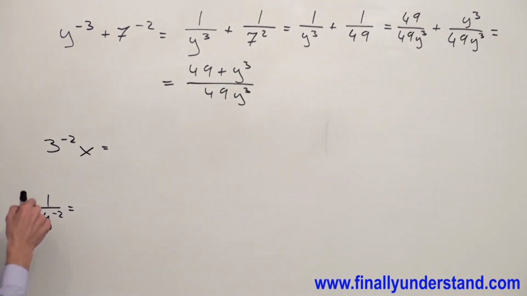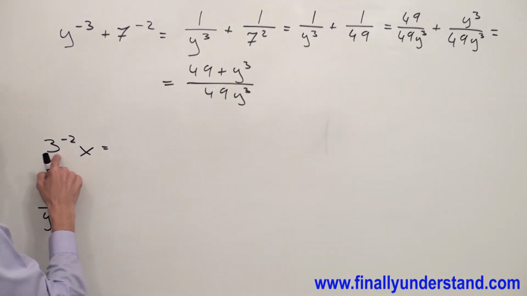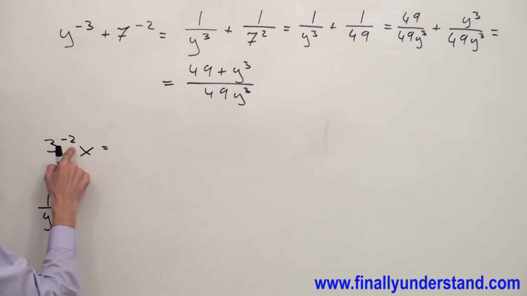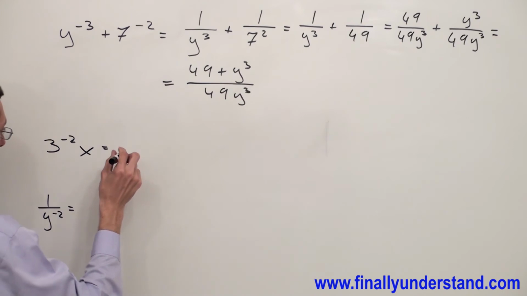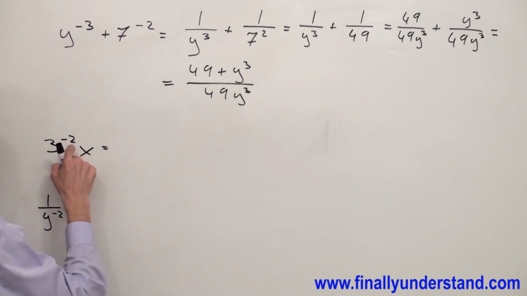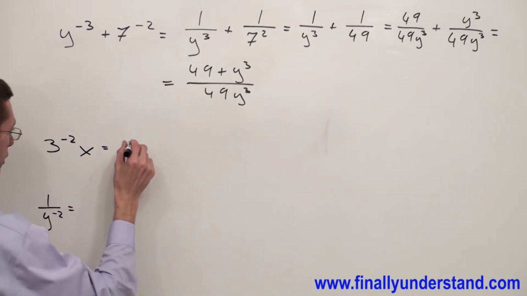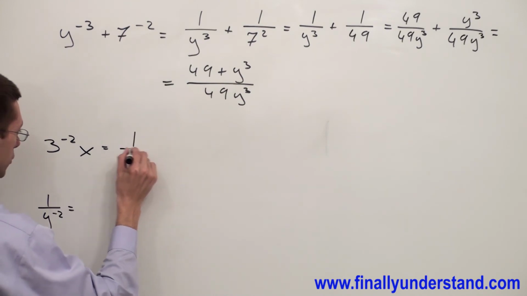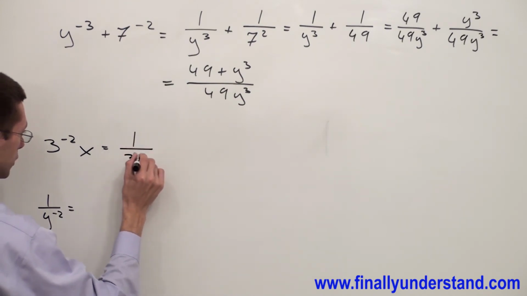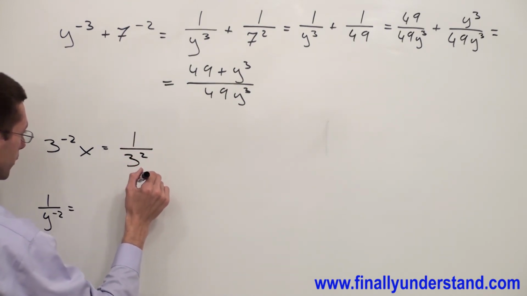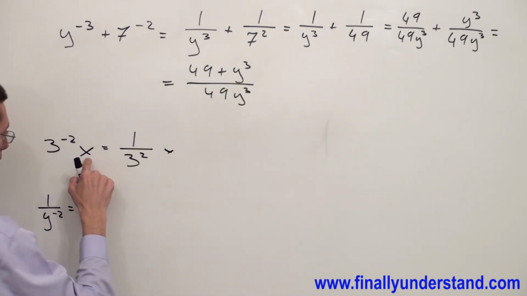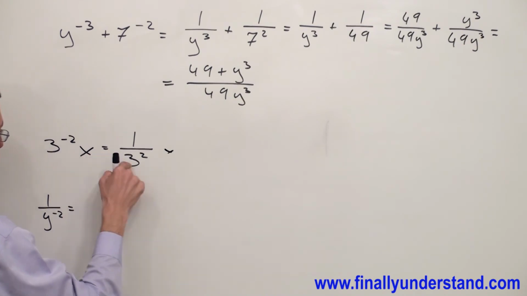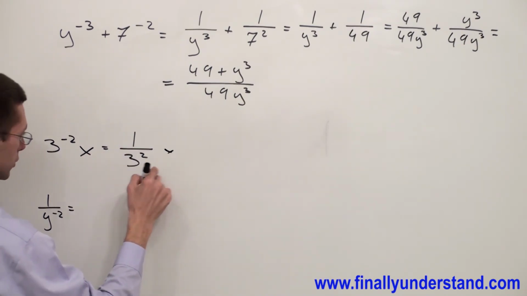Next, again I have a negative exponent. Okay, in order to convert a negative exponent to positive, I have to find the reciprocal of it, and the negative sign next to the exponent converts to positive. That's why I'm going to have 1 over 3 to the second power times, and because I have x by itself, I'm going to convert this to a fraction because I'm dealing with fractions.